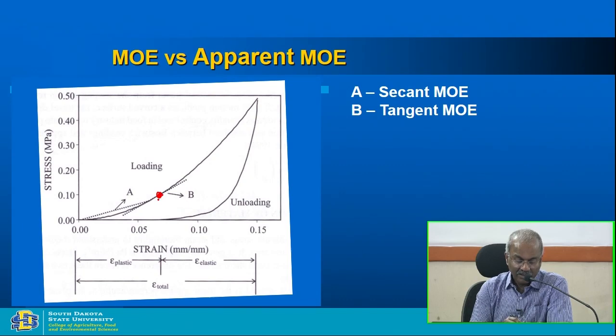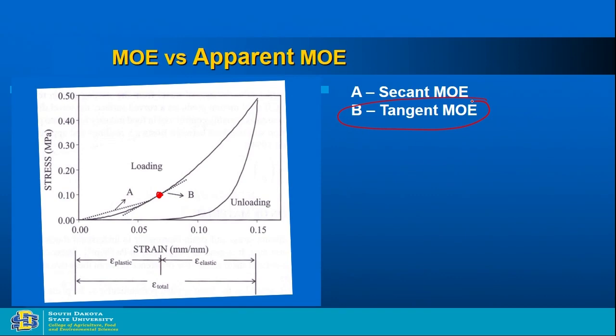That is called the tangent modulus of elasticity. And if you consider the initial point and this point of interest, draw a line and take the slope, that is called the secant modulus of elasticity.